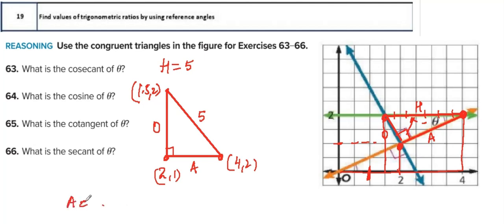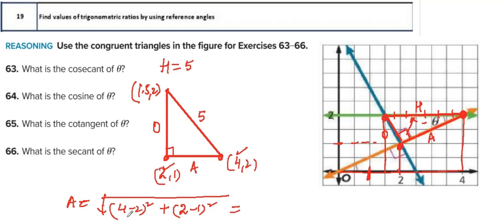The distance formula is square root of (x2 minus x1) squared plus (second coordinate minus second coordinate) squared. 4 minus 2 is 2, 2 squared is 4, 2 minus 1 is 1, 1 squared is 1, so this is root 5. So this is your adjacent, root 5.